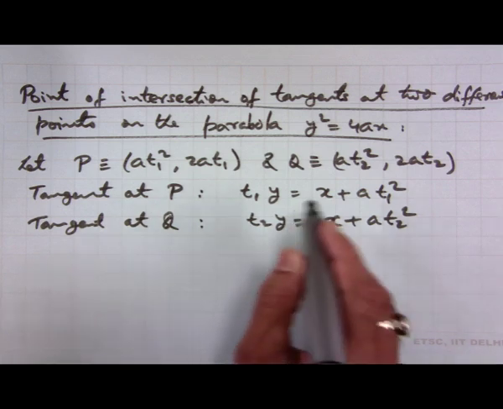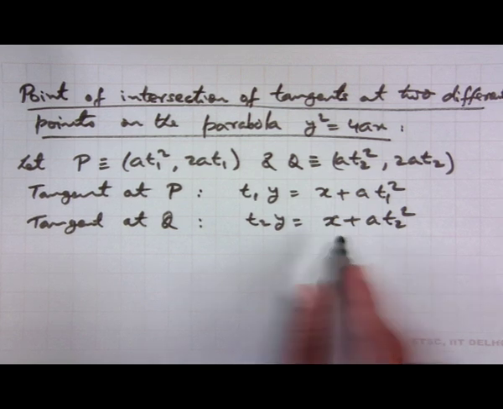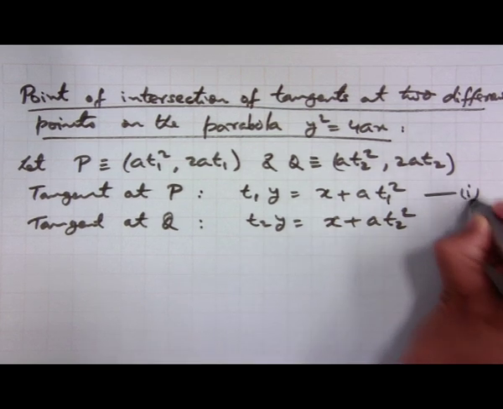Now, we can solve these two equations to find the point of intersection. So, if we write this equation as 1, this is 2.